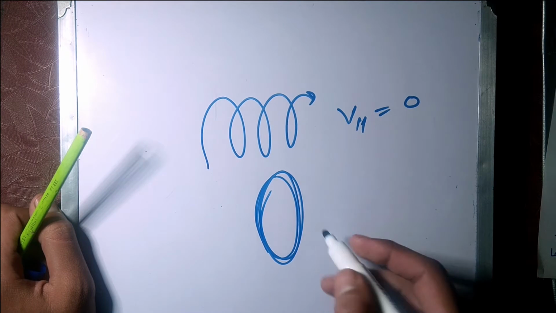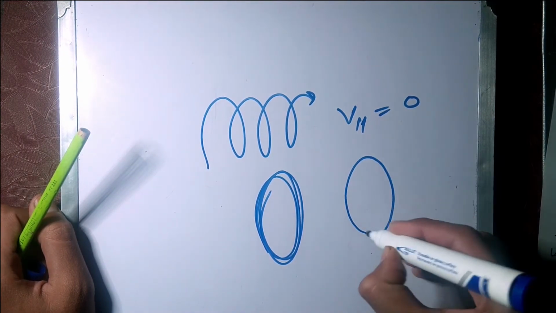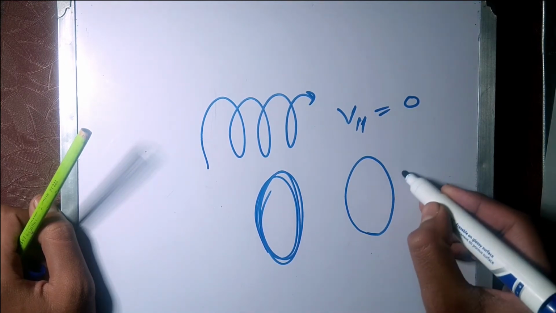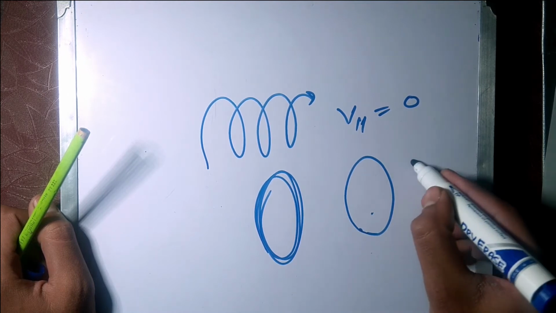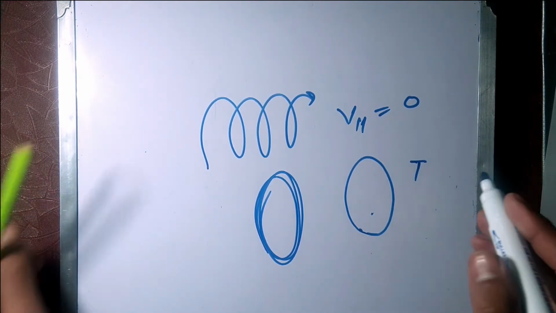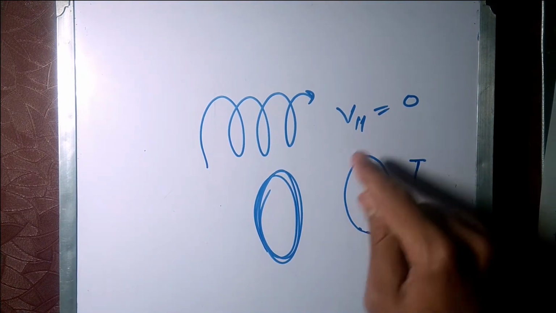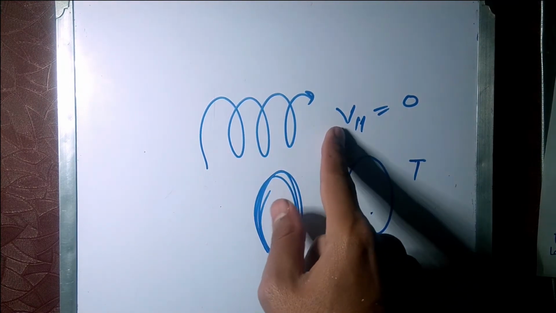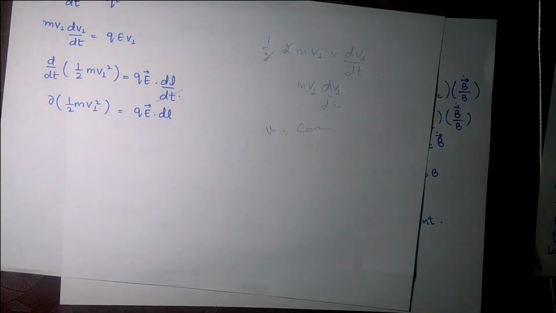When it is moving in a circular path for one gyration, let's say for one cycle the time period will be T. If it is moving from here to here, the time taken will be T, and let's integrate the right side for this one gyration. We have V parallel equals 0 and it moves in circular motion.